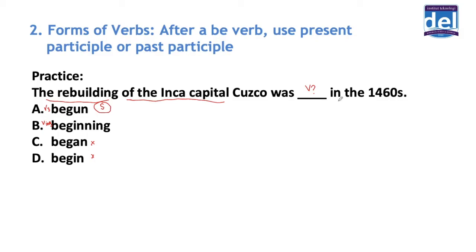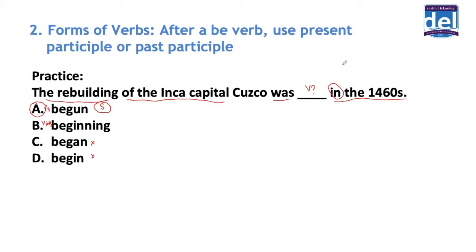What you can do next is test the meaning. There is a time signal here in the 1460s. The use of in indicates simple past tense. If there's a be verb in here, it means it is in passive voice, right? So the answer is A, was begun.